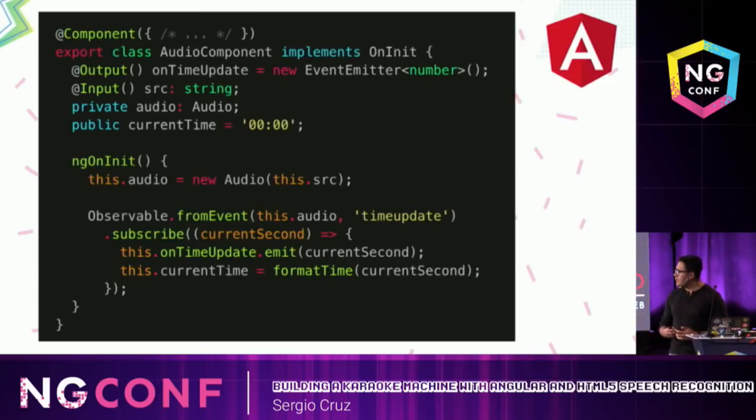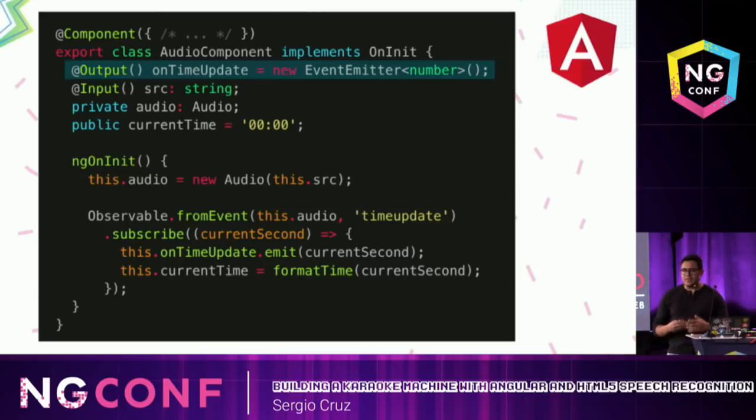My actual component looked a little bit like this. On ngInit, we instantiate it. We instantiate from the native audio class. And a couple of things I want you to look at here. First one is the output. So remember, we had a container. That container holds our data.